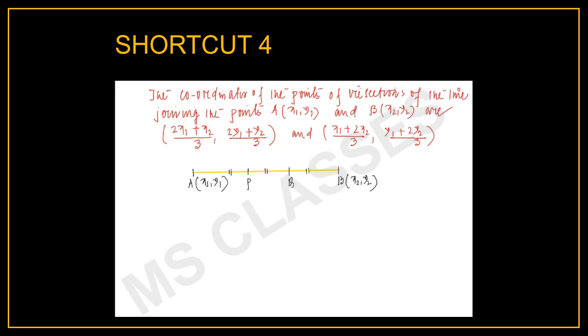Now, let us take a sum. Let us see the application. We have to find the points of trisection of the line segment AB, where A is given by (3, 4) and B is given by (-7, 1).